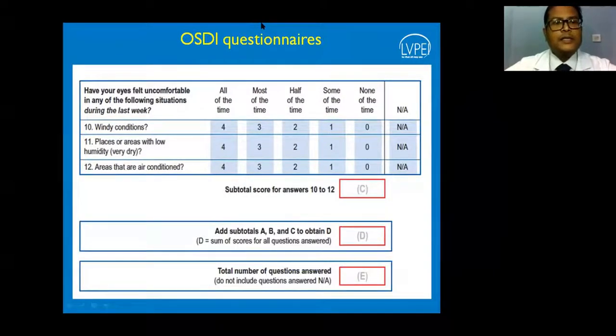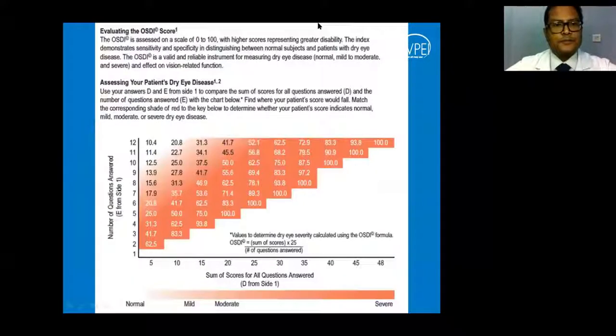and whether the eyes are uncomfortable in any particular situation such as windy conditions, low humidity, air conditioned areas. One needs to add up all the scores A, B and C and then obtain a total score, and then also look into the total number of questions that are answered by the subject.